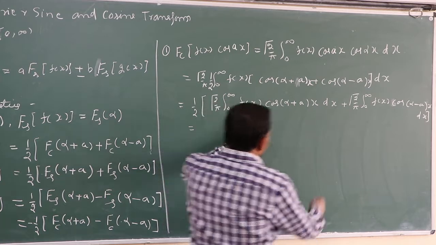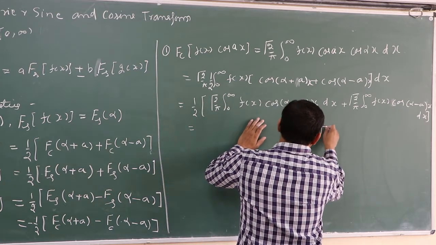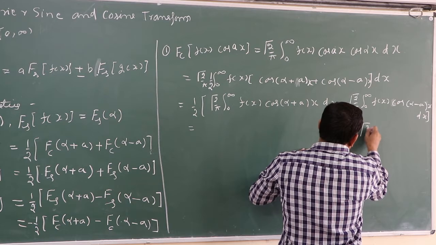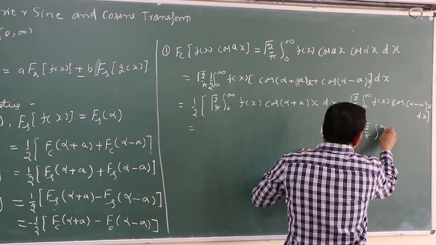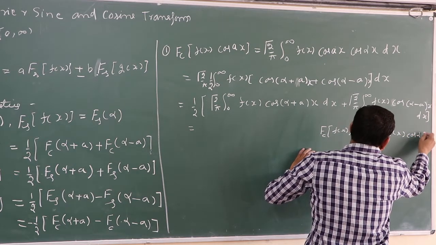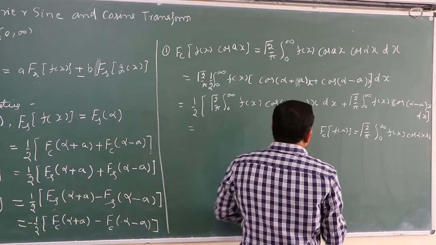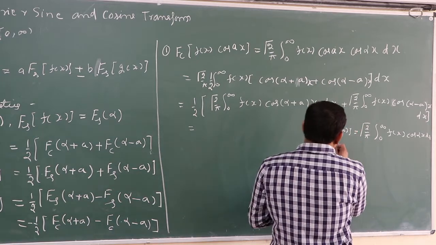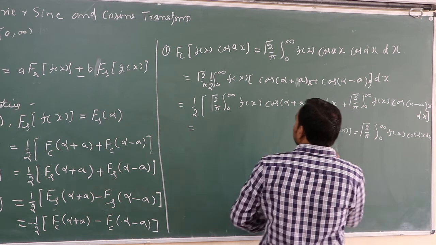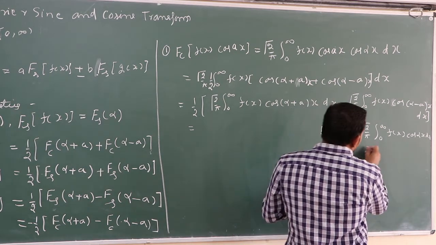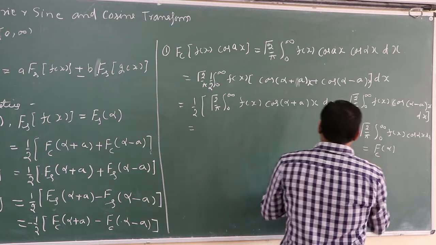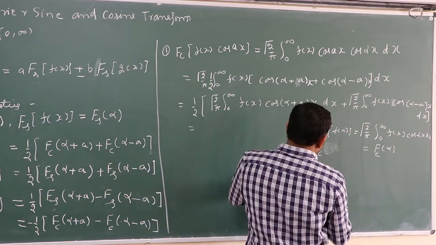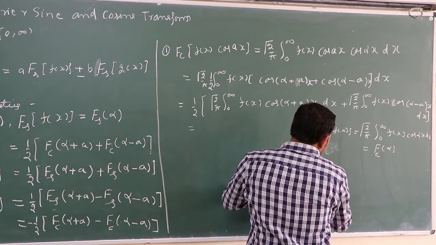As we know, the Fourier cosine transform of f of x is under root 2 upon pi integral of f of x cos alpha x dx, given as Fc alpha.